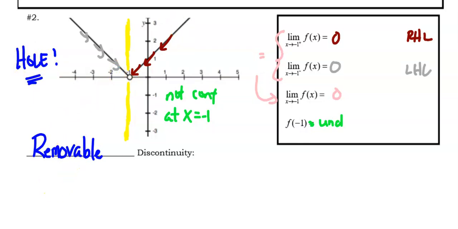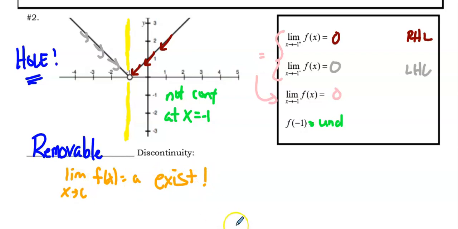Another thing I really want to stress is that there are 3 types of discontinuities we're going to discuss in this class. There are 4 of them, but we're going to talk about 3 particularly. Removable discontinuity is the only discontinuity where the overall limit will always exist.